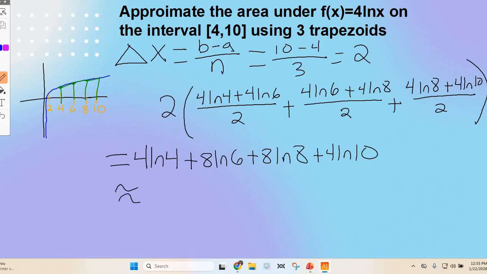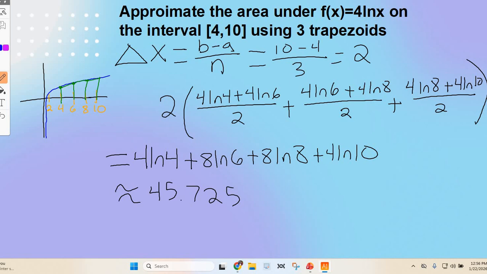So what do we get if we do that? 45.725. And again, we don't have units, so that is just the area under the curve.